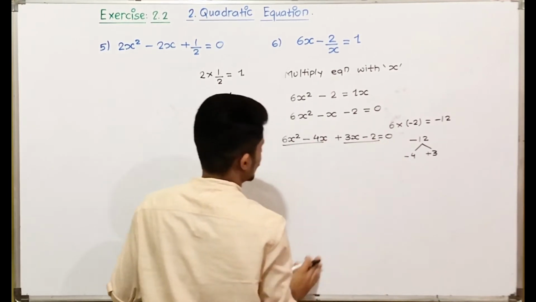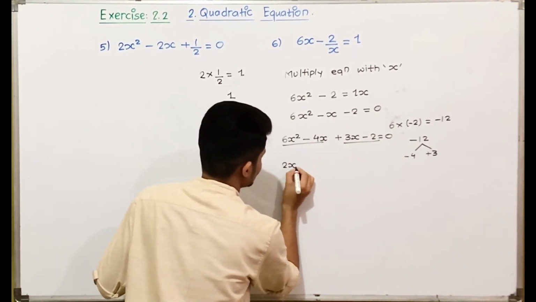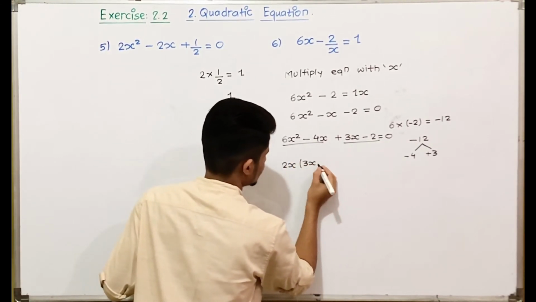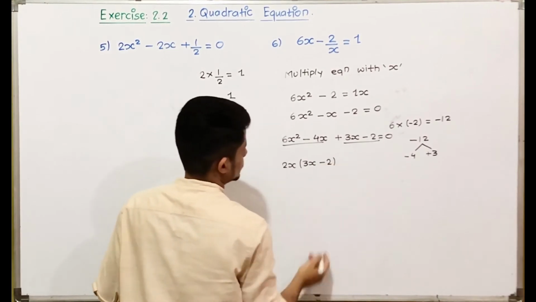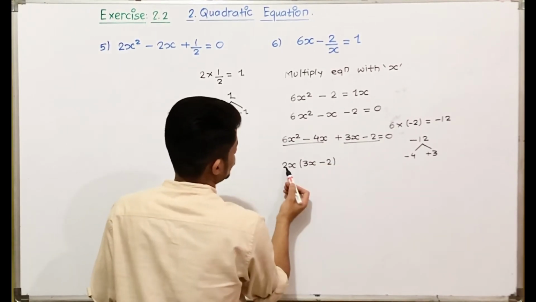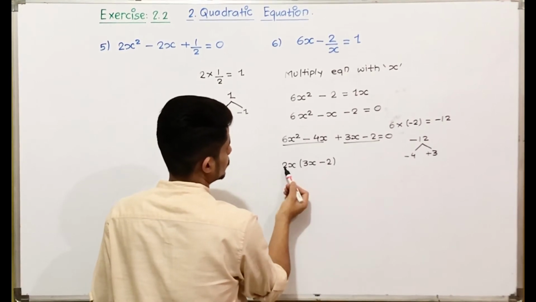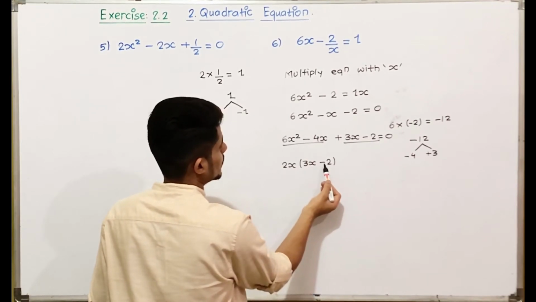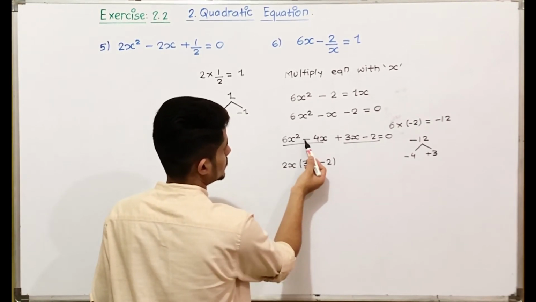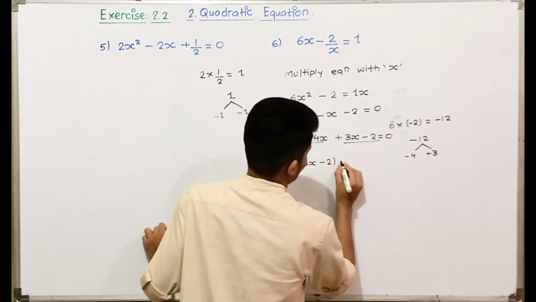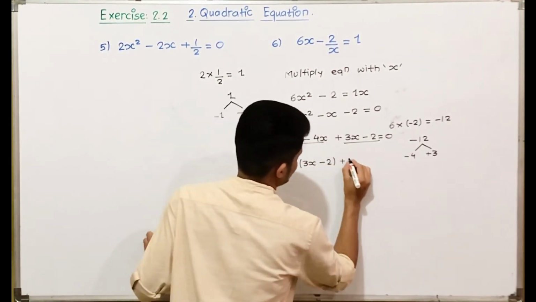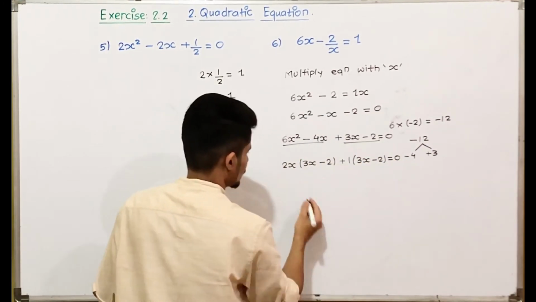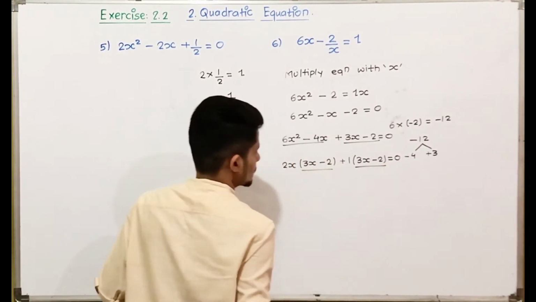Now we'll take common, that is 2x is common from this, remaining is 3x minus 2. 2x into 3x, 2 into 3 is 6, x into x is x square. 2x into minus 2, 2 into minus 2 is minus 4, x plus 1 is common, 3x minus 2 is equals to 0. 3x minus 2 common.